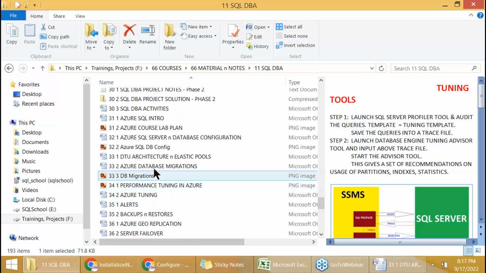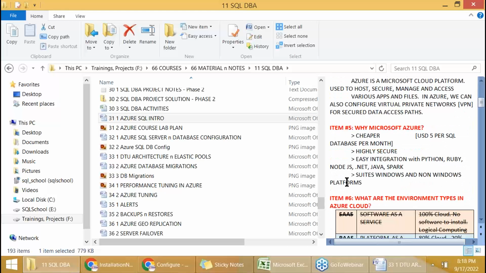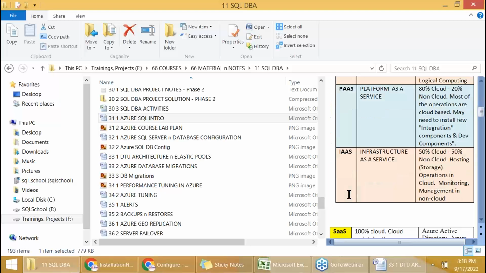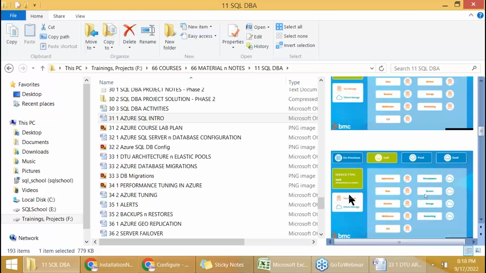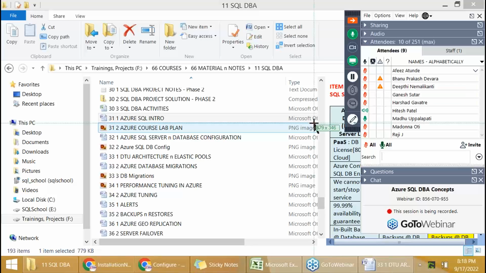In previous classes we learned the 3 different implementations of SQL Server in Azure. Come on, do you remember what they are? Logical server, yes, exactly.